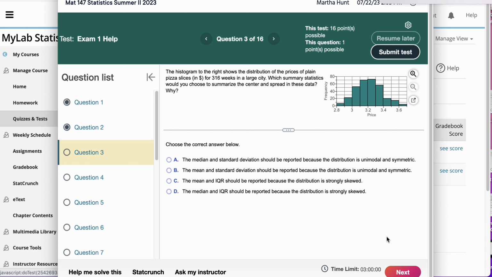So let's see. The IQR is for a skewed distribution. The median is for a skewed distribution. So I'm going to say the mean and standard deviation should be reported because it's uniform, unimodal, and symmetric.